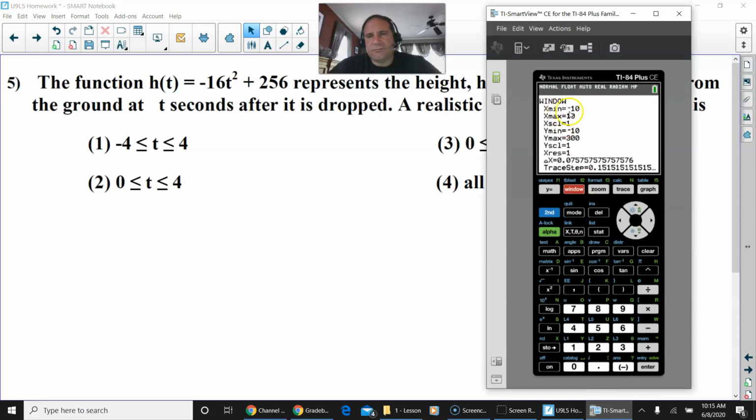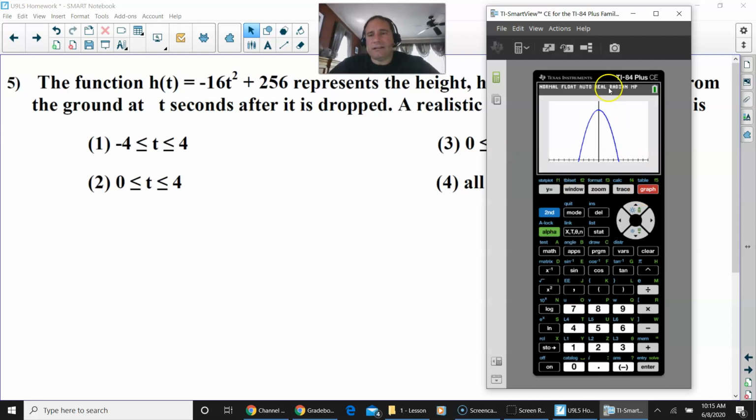I'm going to take the window and put the y max, which is the height that I'm going to see, to 300 on the y-axis. So I'm going to extend that y-axis all the way up so I can see the top of that parabola. And now I could see the top of the parabola. So I'm dropping this all the way down to here, which is the ground level.